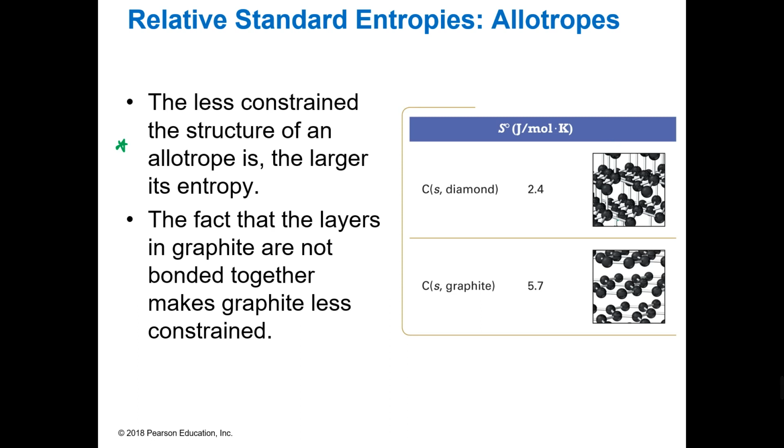If you look at the structures, the diamond format is very structured, very rigid, with repeating geometric patterns, where the graphite is more random. It's not as rigid in its structure. So because there's less constraint with the graphite and more loosely repeating patterns, it's going to have a higher entropy.